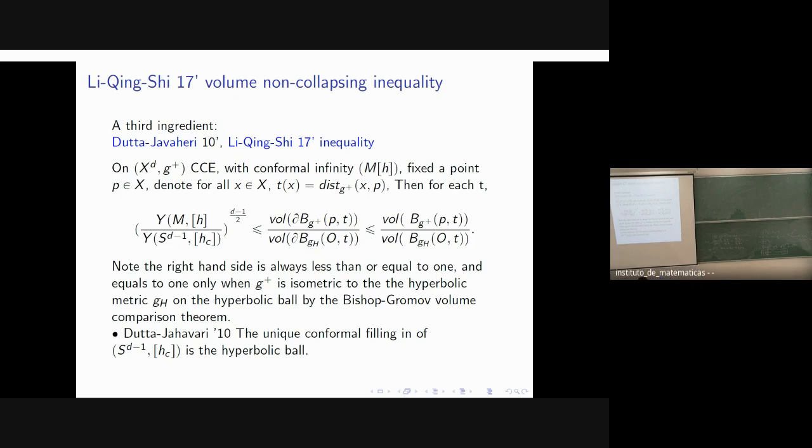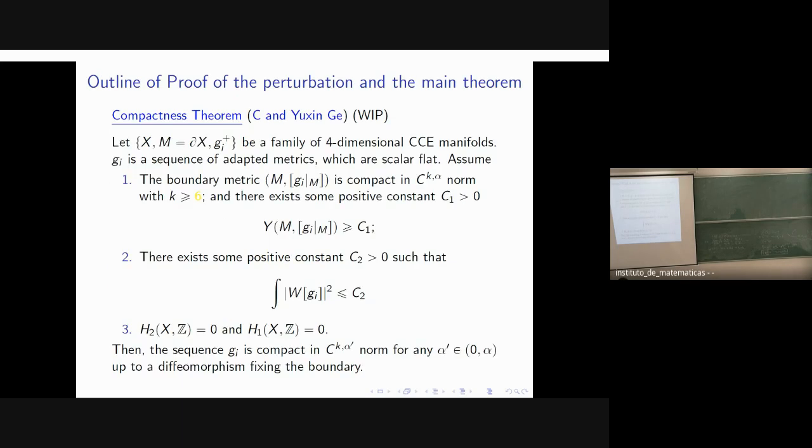So that's this LQS inequality. And now given that, it turns out our perturbation result is a direct consequence of this LQS inequality. So one can view it that way.